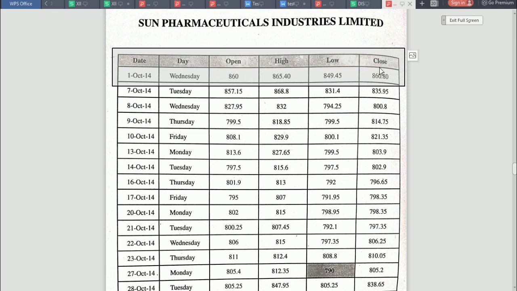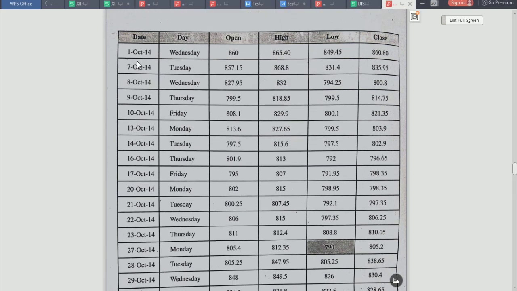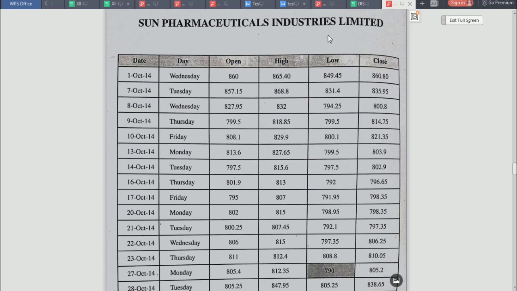The close means when market closed, the trading hours closed, the market price of share at that closing time was this, and the highest price of the share reached 865.40 for that day during trading hours, and the lowest rate was this. So like this, for all working or trading days of the month of October, we need to find out the market value of share of Sun Pharmaceuticals Industries Limited.